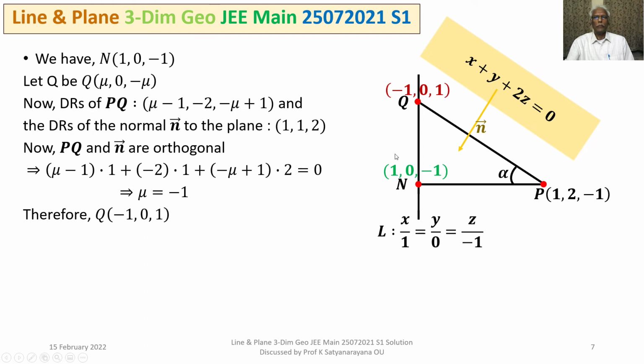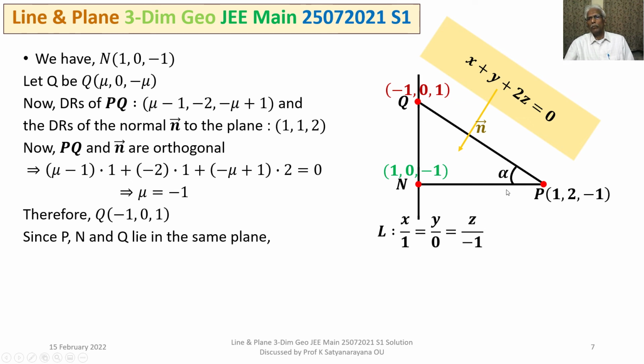Now, we know the coordinates of N, we know the coordinates of P, we know the coordinates of Q, and the angle is given as alpha. We can now calculate cos alpha using vectors or otherwise. And what we see is P and Q, they lie in the same plane. Therefore, this is a right-angled triangle.